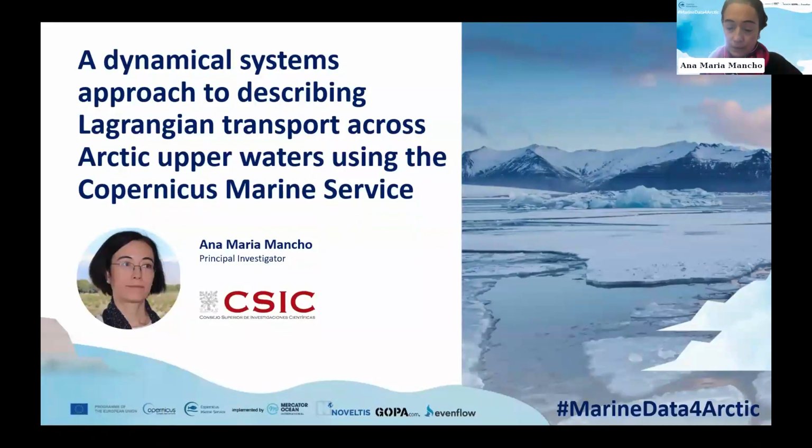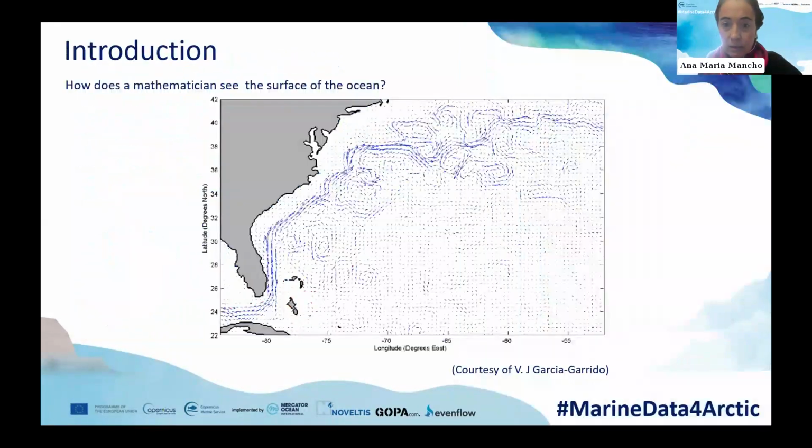So how does a mathematician see the surface of the ocean? A mathematician sees the surface of the ocean as a vector picture, where in each point of the ocean there is a vector that is pointing in the direction of the current.